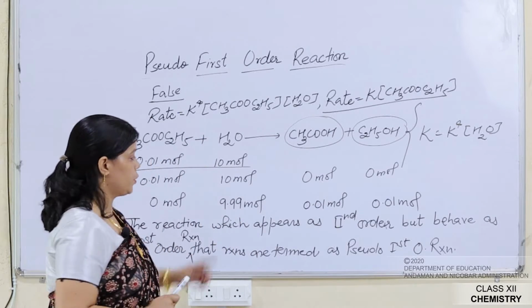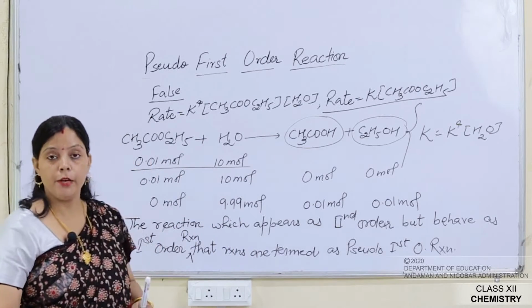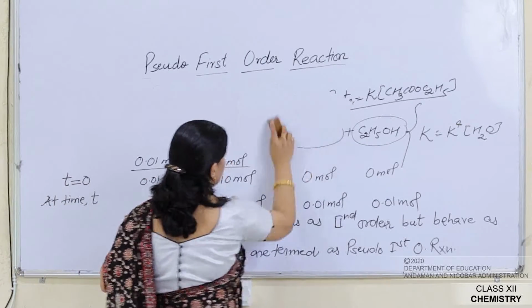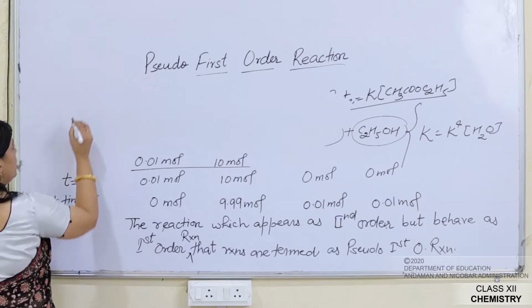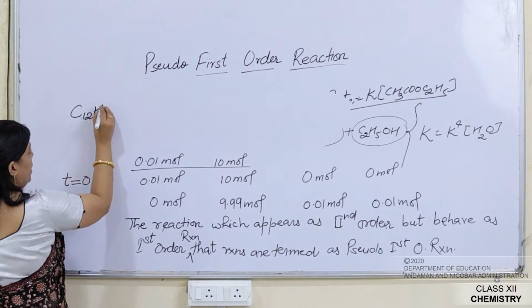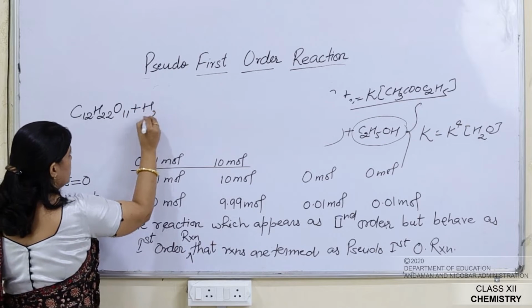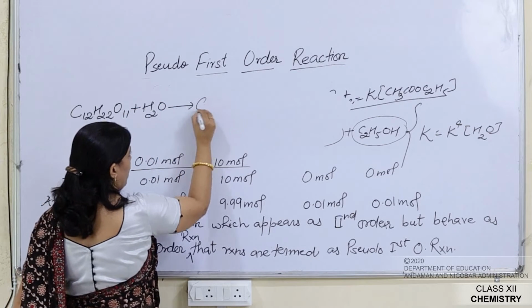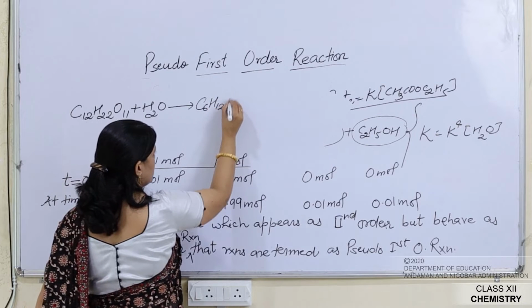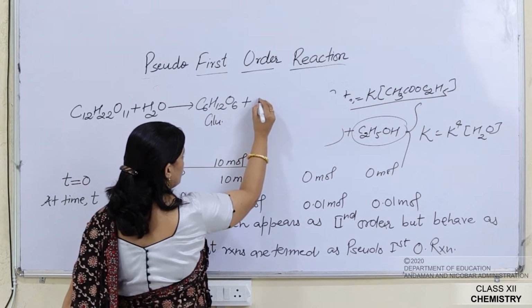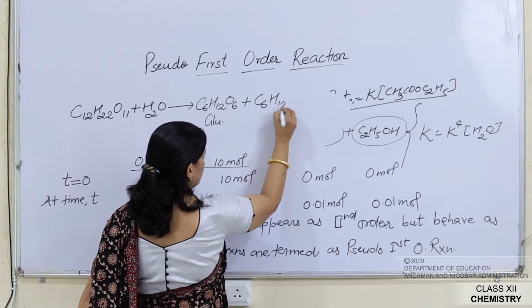Another example of the pseudo first order reaction is the inversion of cane sugar. In the inversion of cane sugar, we know the formula of cane sugar, that is C12H22O11. When it undergoes hydrolysis, it gives 1 mole of glucose plus 1 mole of fructose.